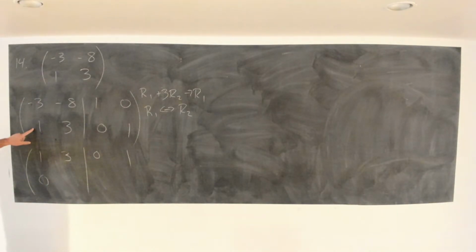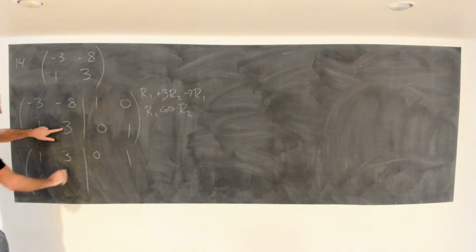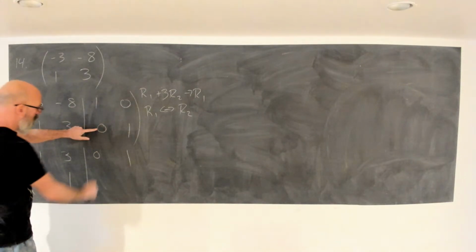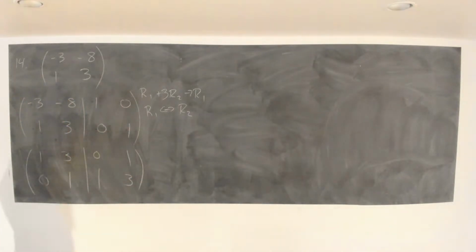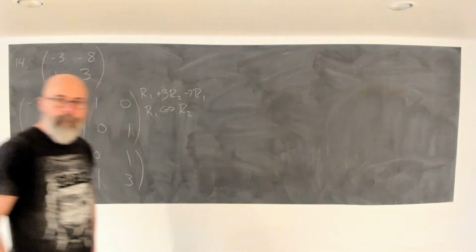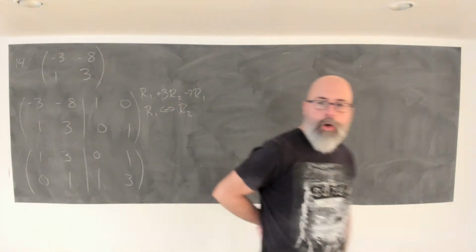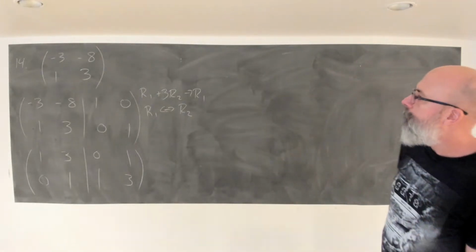So this plus 3, this plus 3, this plus 3, and this plus 3. Yep. Row 1 interchange with row 2, nothing wrong with that.